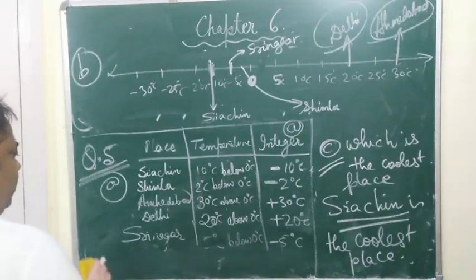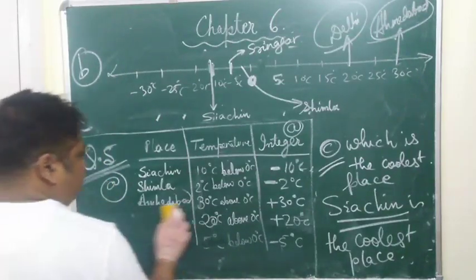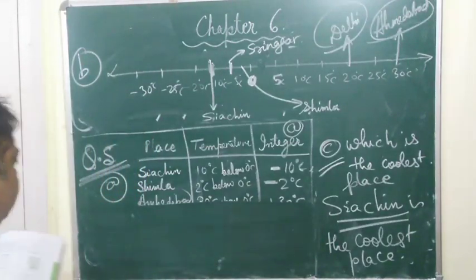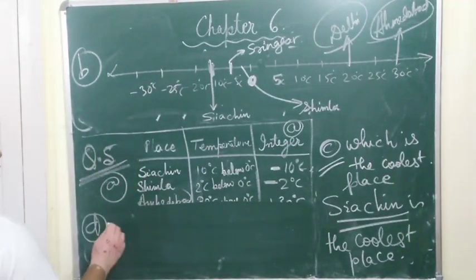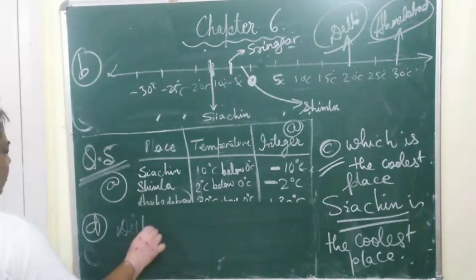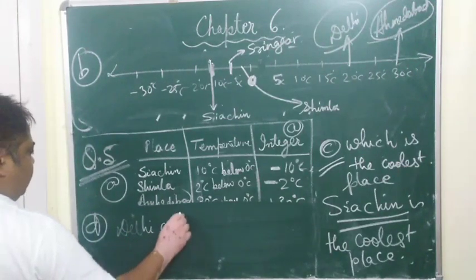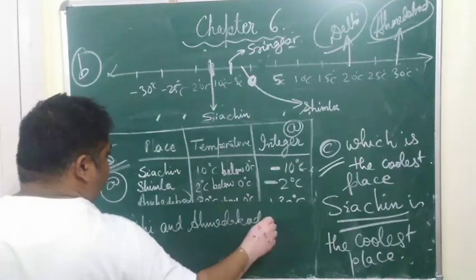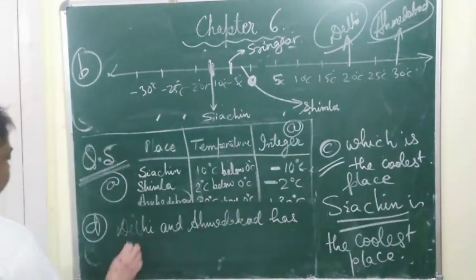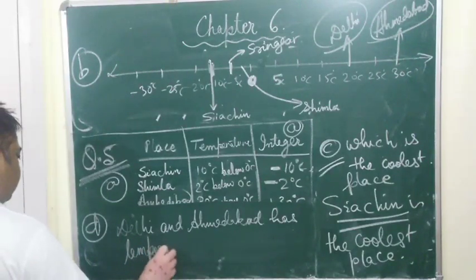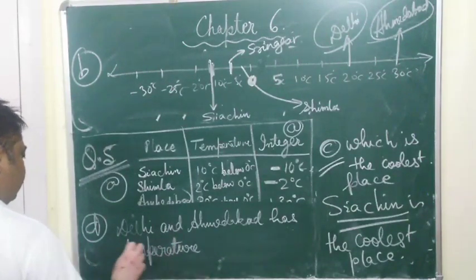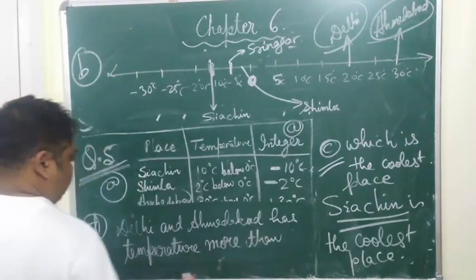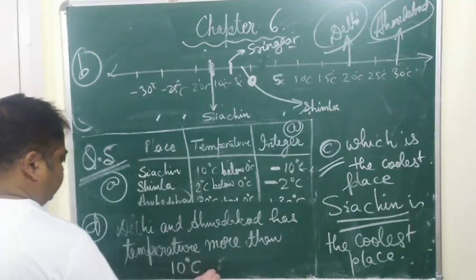So question number D: Delhi and Ahmedabad have temperature more than 10 degrees C.